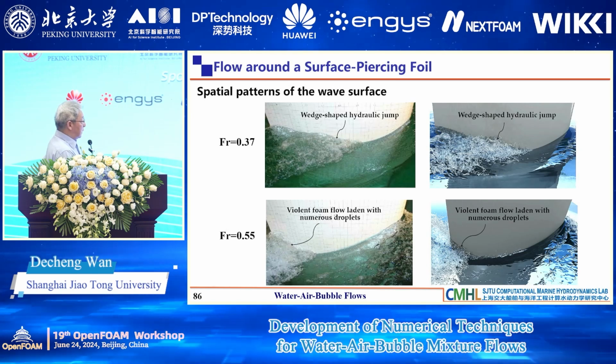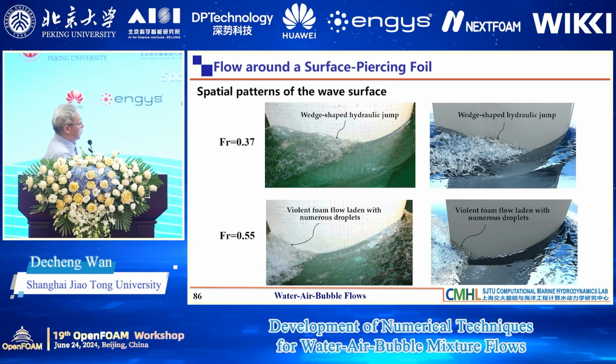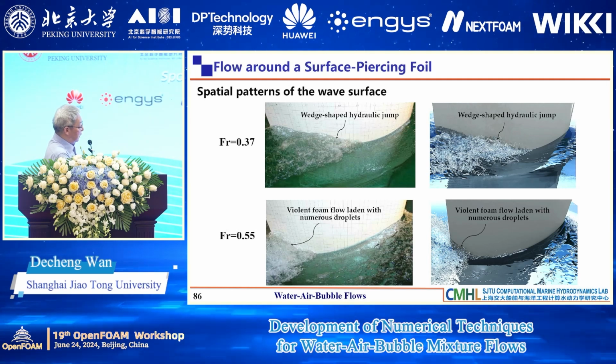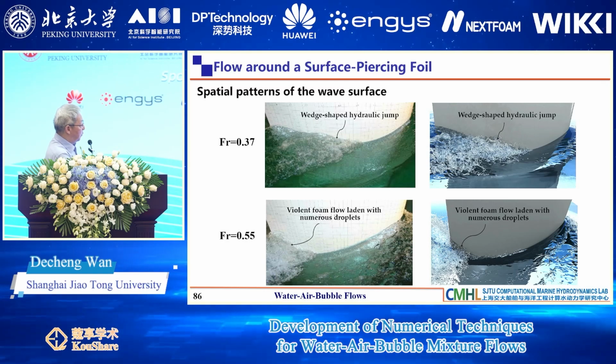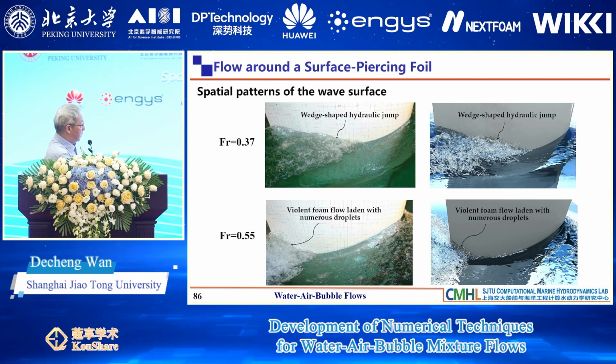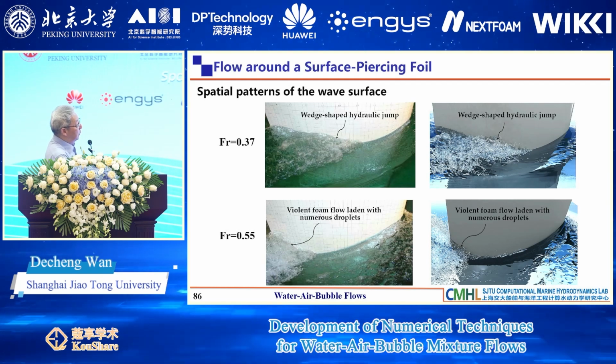So this is the experiment, compared with the simulation, so you can see it is very similar. We can capture this violent foam flow, with many droplets. You can get a very similar phenomenon.